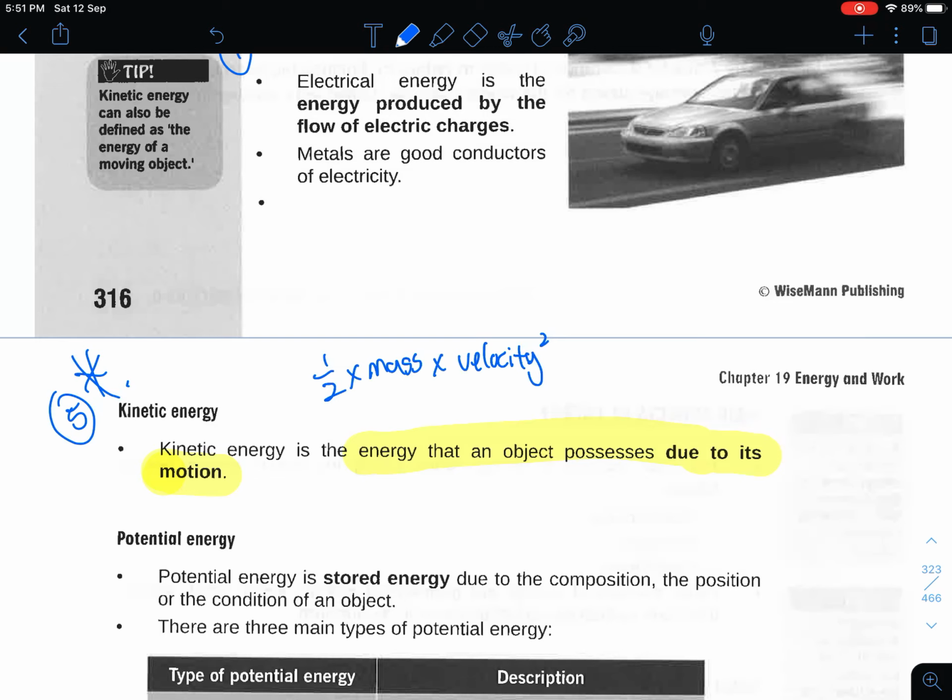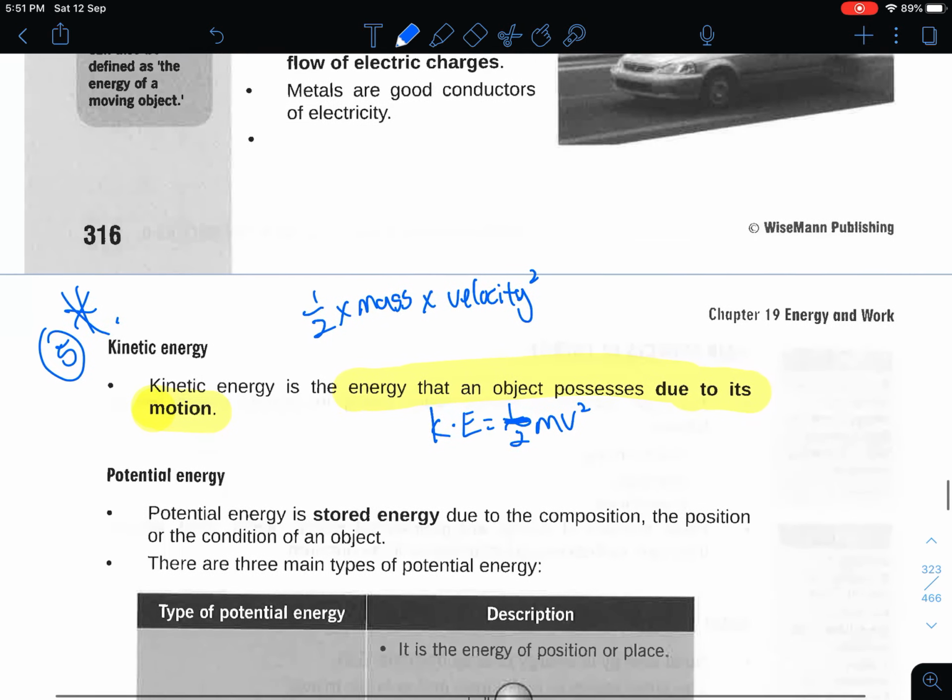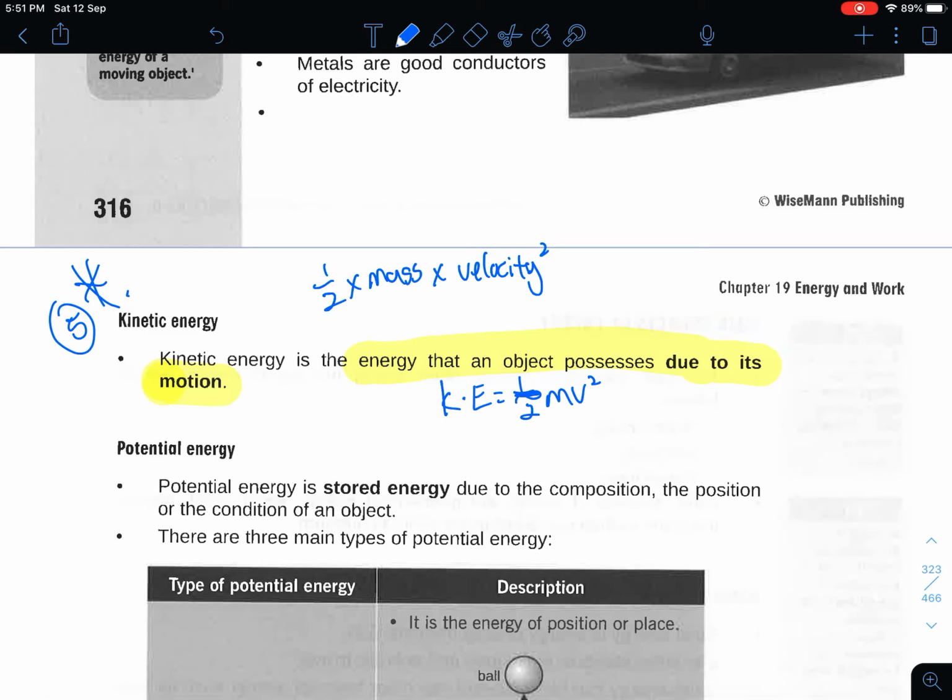In other words, kinetic energy equals half mv squared. Mass is the amount of matter the object has. V is velocity. It is basically the speed, but velocity takes into consideration the direction of the object. These are some things to take note of. As long as something is moving, it contains kinetic energy.